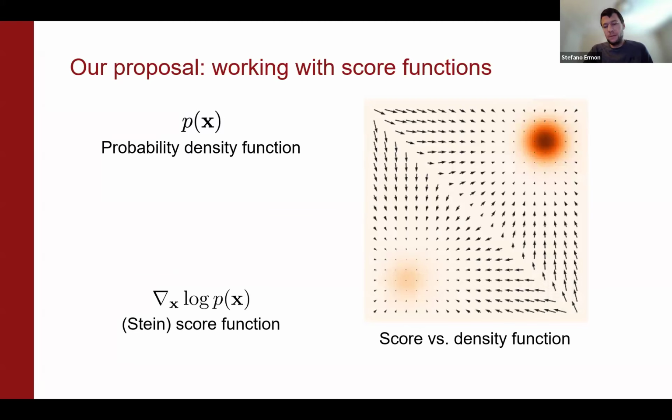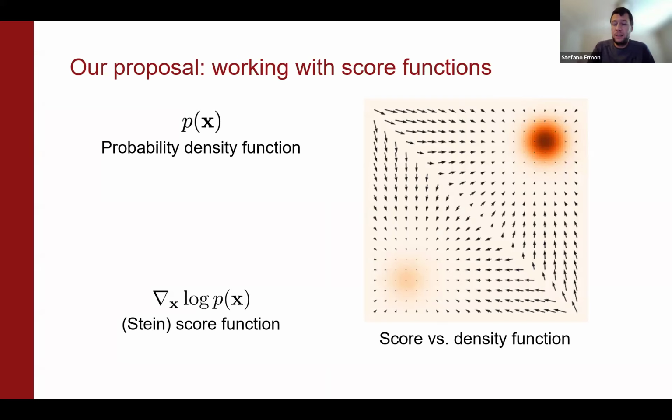If you think about it in 2D, a probability density function corresponding to, let's say, a mixture of 2 Gaussians would look like this density plot that I have on the left. The score function is the function that you get by taking the gradient of the density at every point.